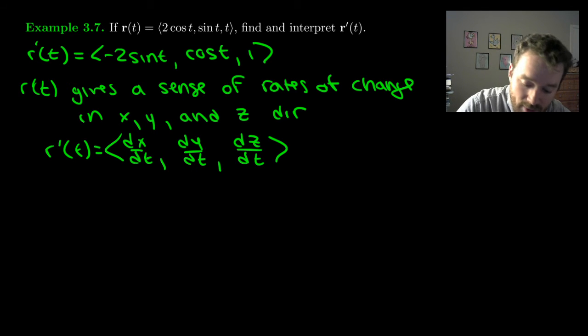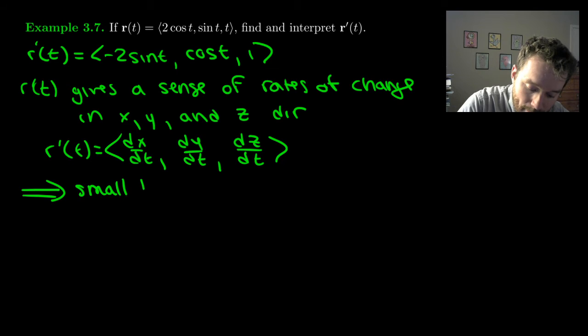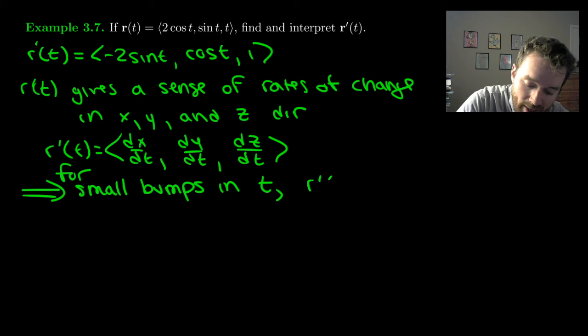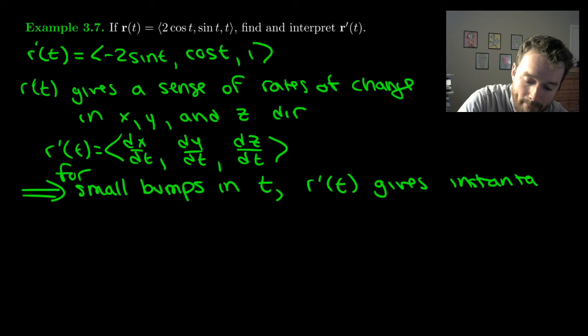Really, actually, this is giving us a direction. For small bumps in t, R prime of t gives sort of the instantaneous direction.